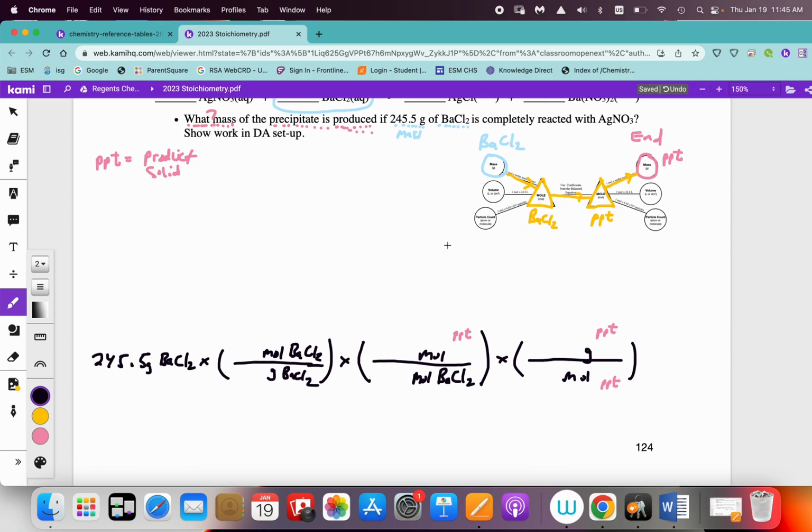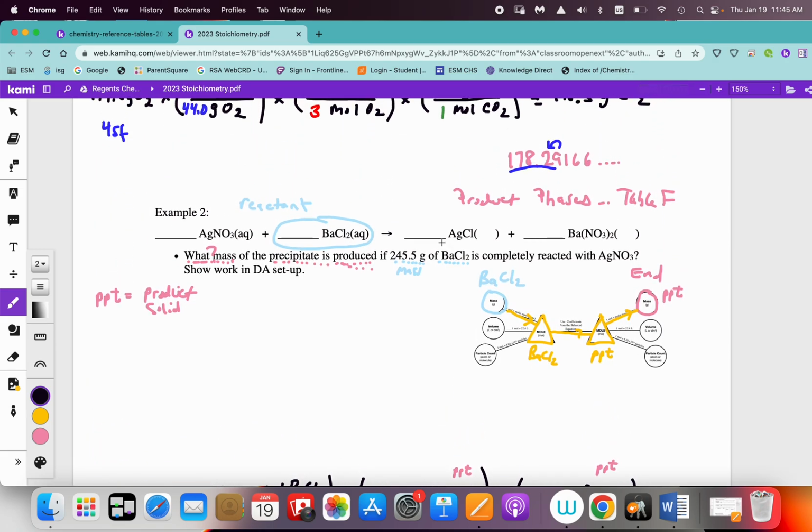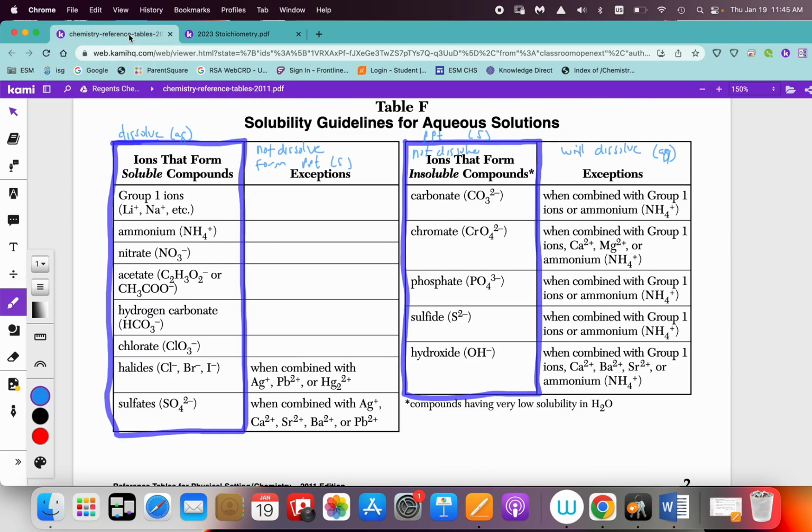So here we go. The table F, okay? Our first product is AgCl. I'm going to switch over to my table F. What you need to do, as a reminder, is find one of the partners in the compound.